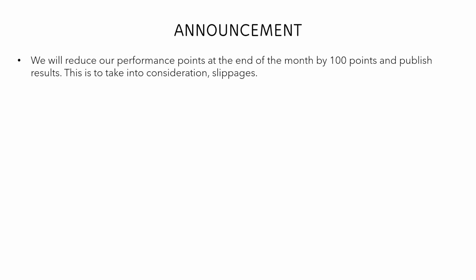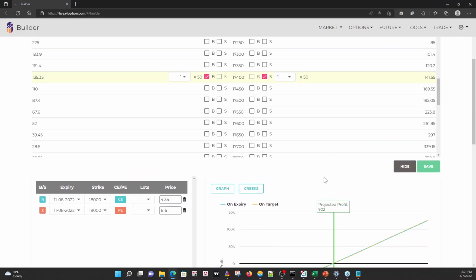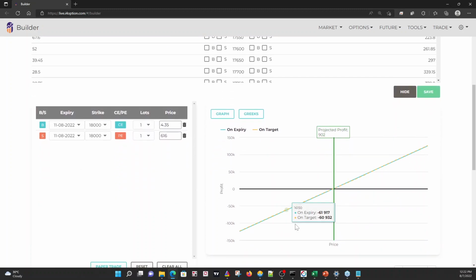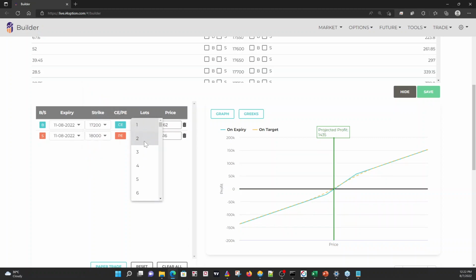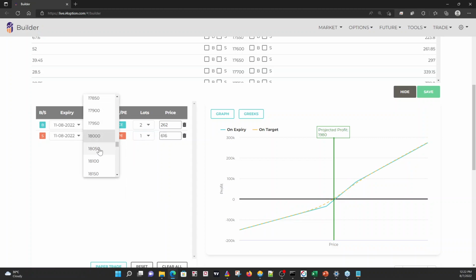Absolutely. Though I don't track it, it's an amazing thing to actually do. Let me share it on the screen for everybody to understand. What we are talking about is that instead of buying a future, we buy two in the money calls, like this 17,200, and we short a single at the money call.